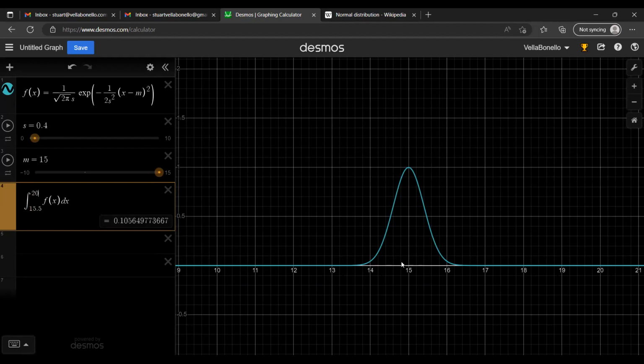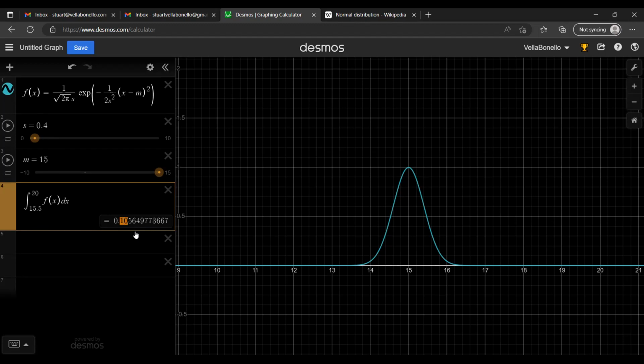So if this is the probability distribution, the histogram that's governing the asset's investment performance, then with these parameters you have a 10% chance of making a return greater than or equal to 15.5, but less than or equal to 20.